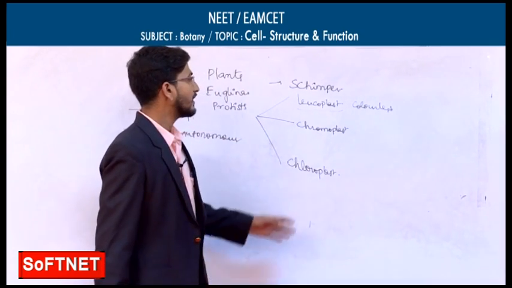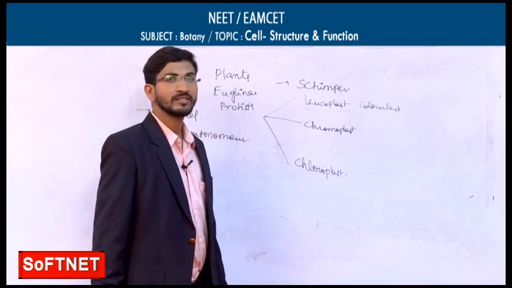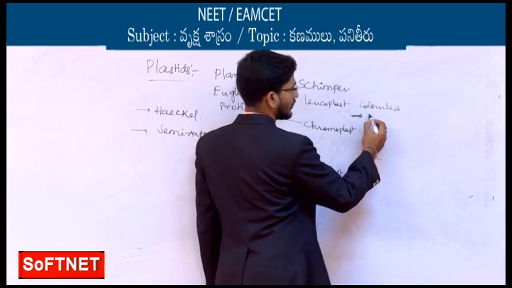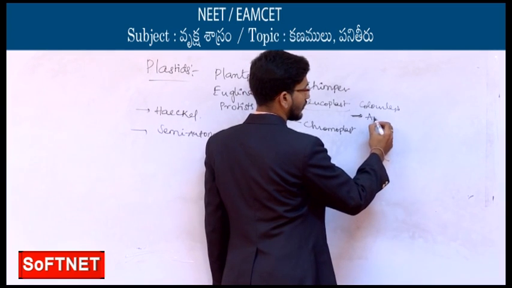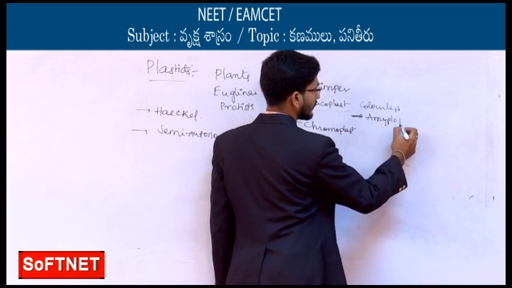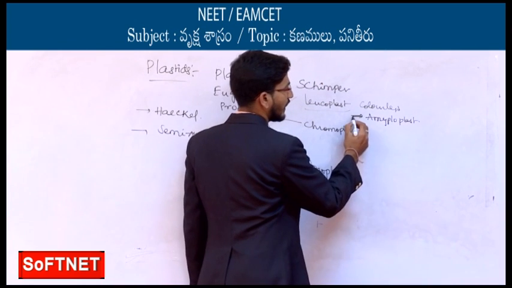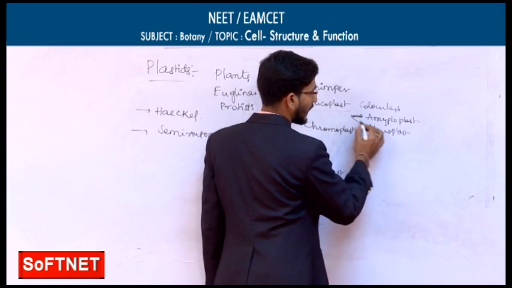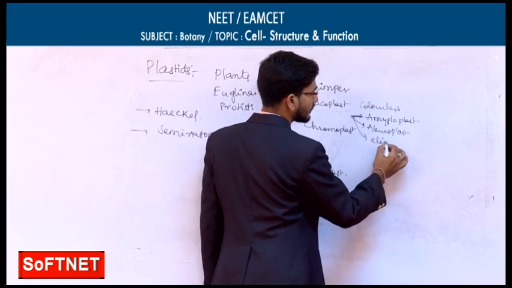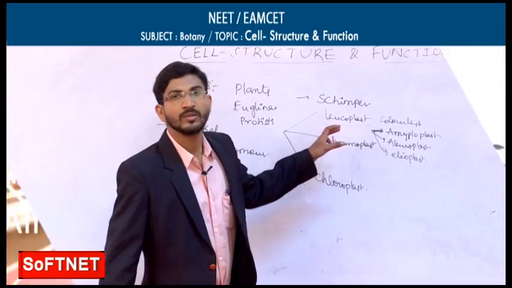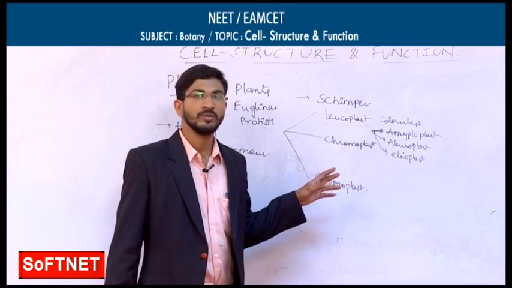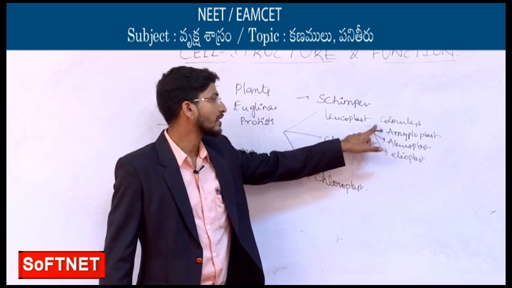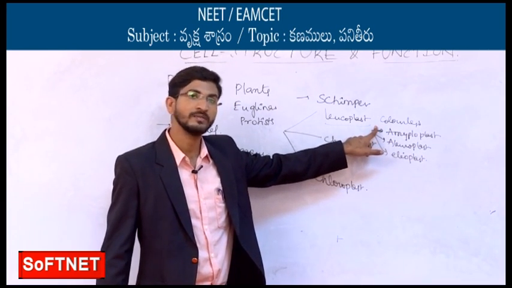Examples of leucoplasts are amyloplast, alluroplast and elioplast. So leucoplasts are generally divided into three types. What are those? Amyloplast, alluroplast, elioplast. Leucoplasts are colorless plastids.